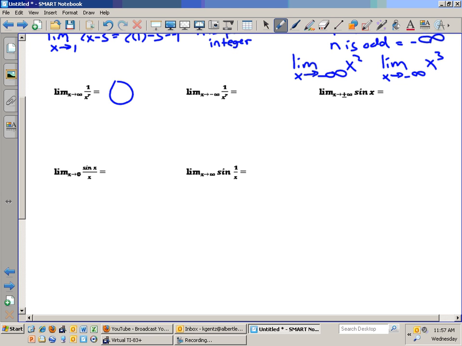If you think about it, it's like 1 over some very large number to a power. So 1 over n to the eighth or something like that. If you take a very large number and take it to the eighth power, that's going to be a really big number. 1 divided by a really big number is going to be about 0. And it works the same way here.